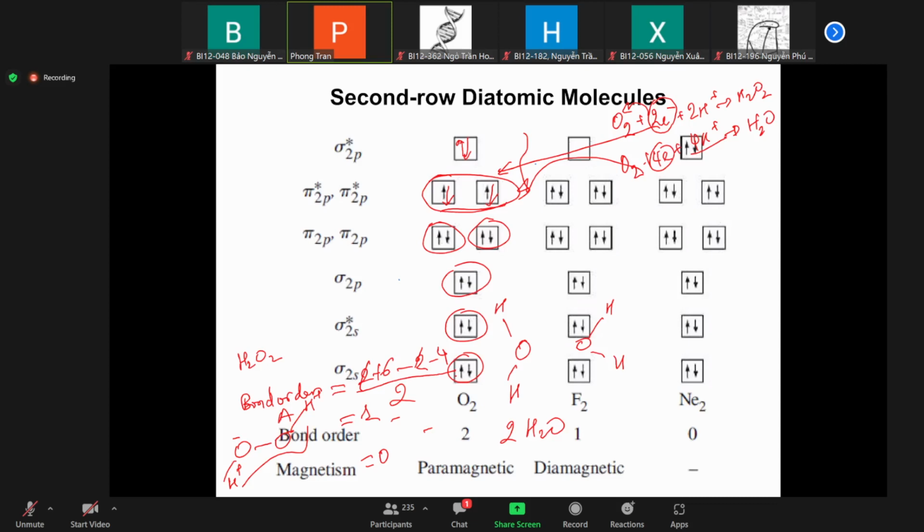Which one is easier? This is important because if the production of H2O2 is easier, that means when we run the car, we will produce H2O2. But if it's easier to make water, then when we run the car with hydrogen, we will produce only water. H2O2 is quite toxic.